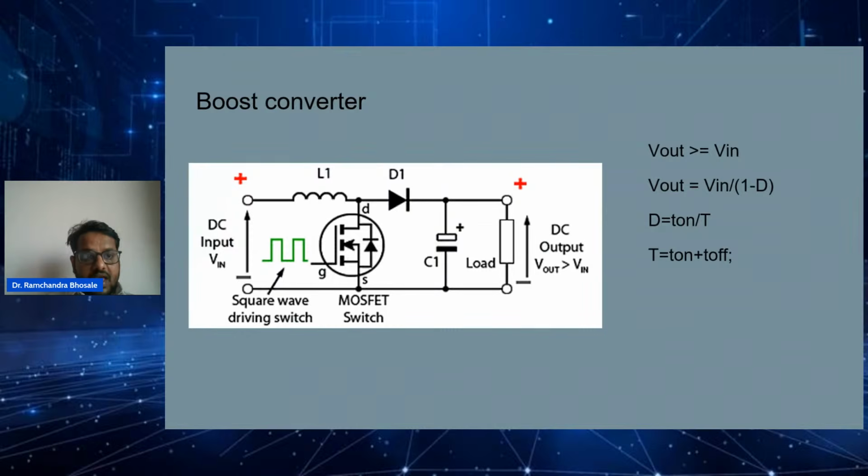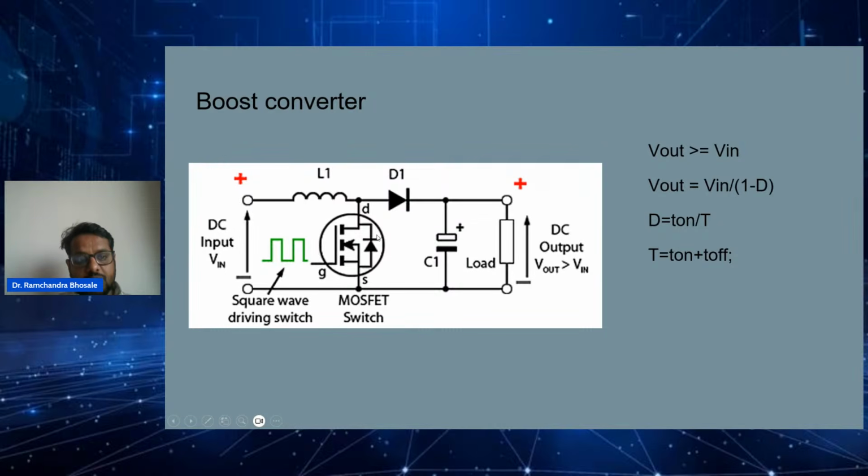Okay. And this is the boost converter. So what is the output in the boost converter? The output voltage is always greater than the input voltage. So instead of the inductor being placed here as in the buck converter, in the boost converter we are placing the inductor near to the source. So when this MOSFET gets turned on, the inductor gets charged.